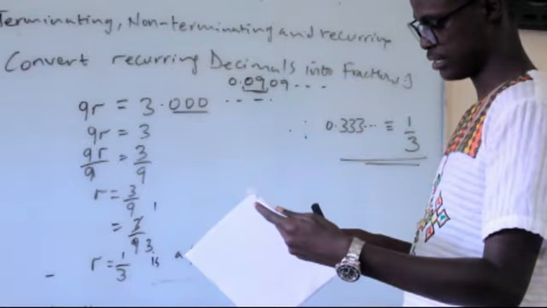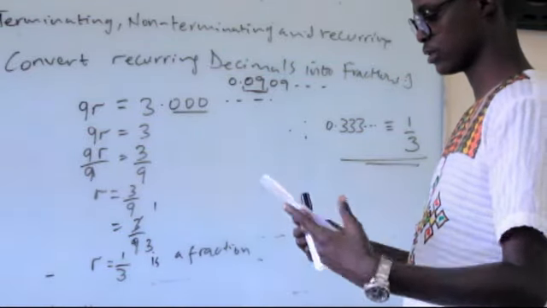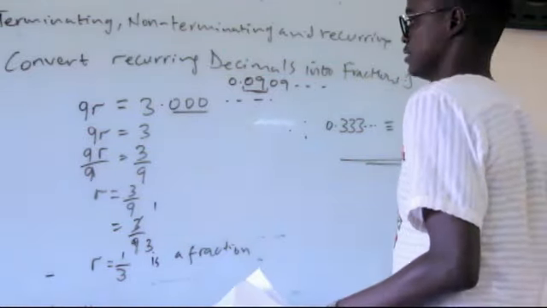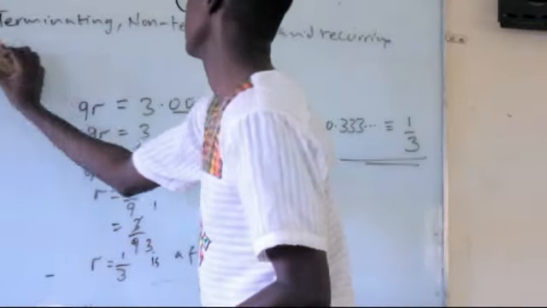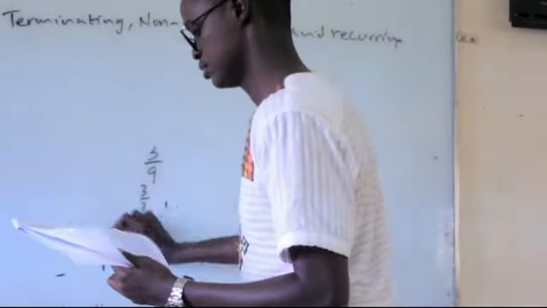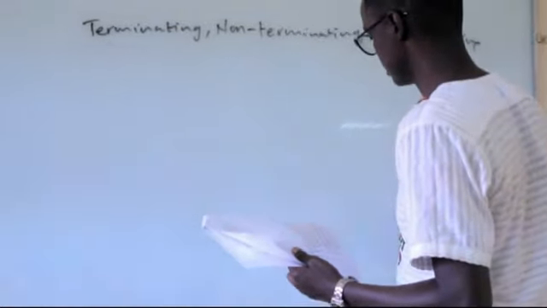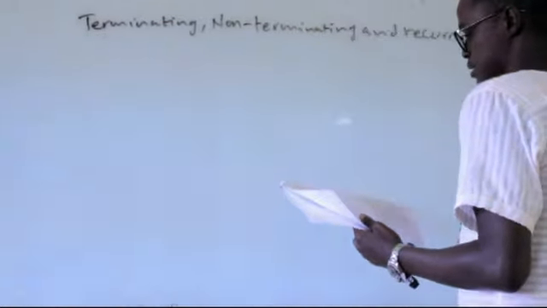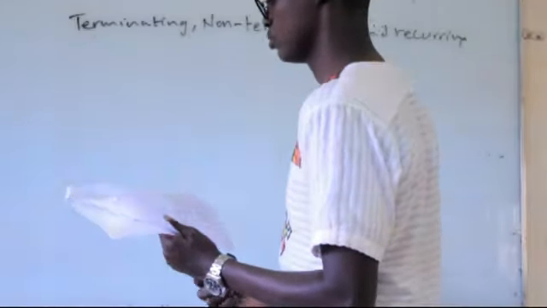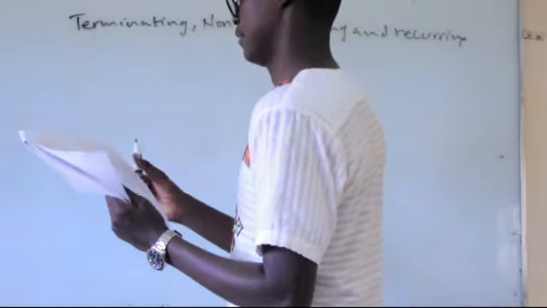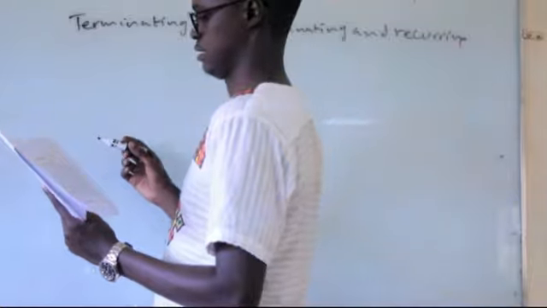We have other activities. Now we are going to look at another activity which requires us to convert fractions and decimals into percentages and vice versa, percentages and decimals into fractions.